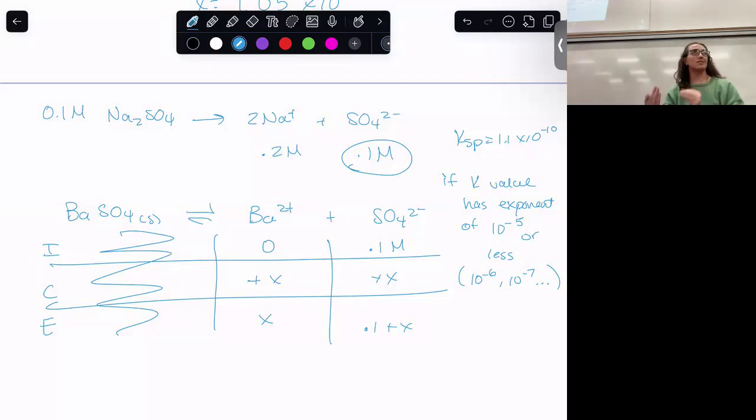So because not a lot is going to be formed, most of that concentration of the sulfate ion in solution is going to look like 0.1. If we take significant figures into consideration, it would probably just end up back at 0.1.